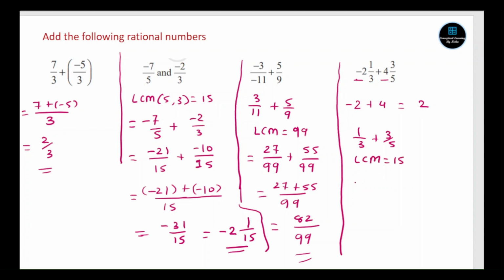So what I'll write here is 15, and I have to multiply this 5 by 5, plus 15 and I have to multiply it by 3. So I'll get 14 upon 15. So my final answer is the sum of these two: the integer 2 and this 14 upon 15. So this is my final answer. Alright, do you understand what I did? Yes, perfect.